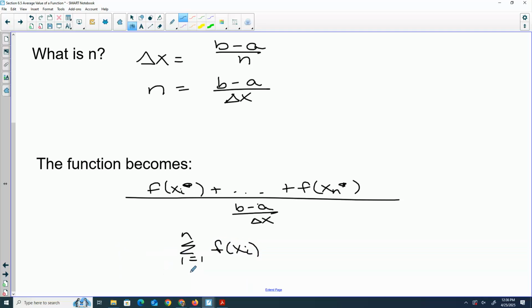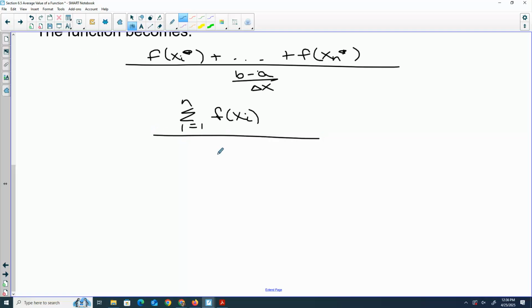And if I want that divided by this, we really need this to be going to infinity, right? And so if we add in our limit as n goes to infinity, then this top is turning into the integral. How do you divide by fractions?